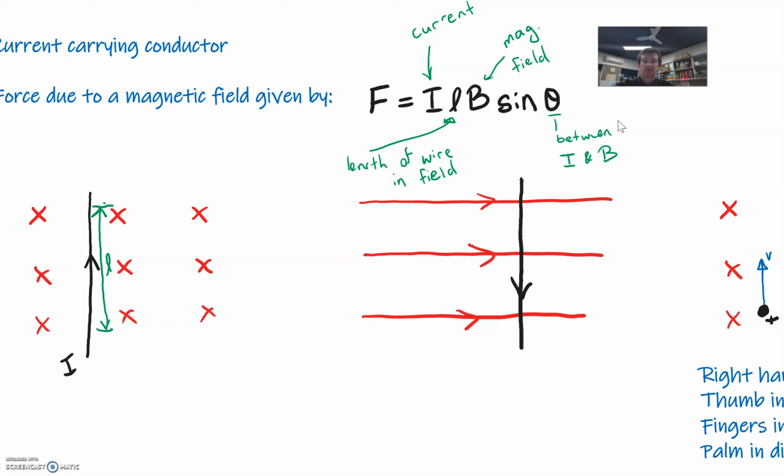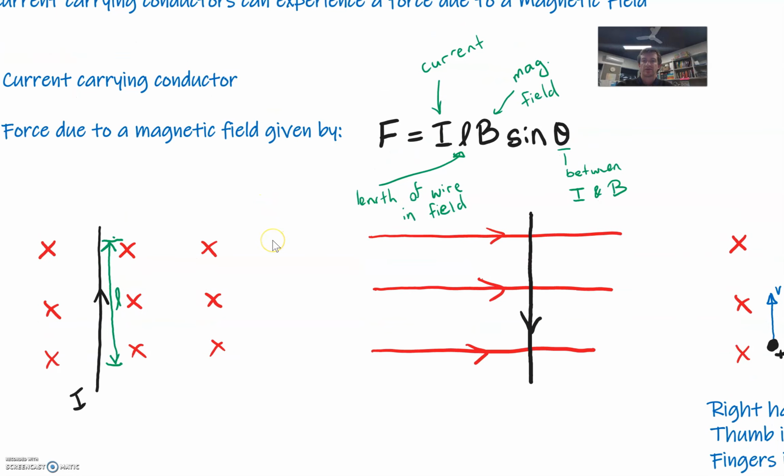Now, if ever we get a case where the angle is 90 degrees, where our current and our magnetic field strength are at right angles to each other, the magnitude of the force is actually calculated a bit easier, because for an angle of 90 degrees, sine of 90 is just 1. So if the angle is 90 degrees, as in this example, we would end up just going I multiplied by L multiplied by B, and that would give us how big the force is.